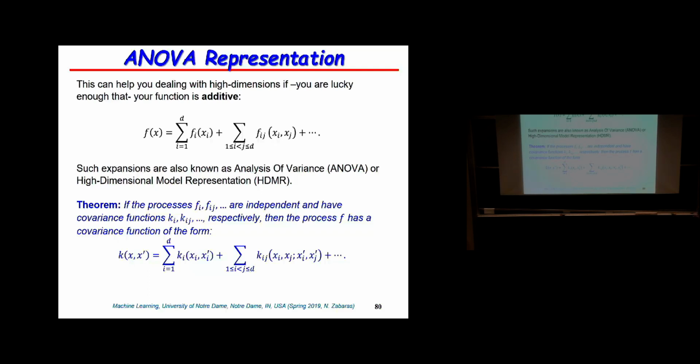If each of these functions comes from a GP with kernels k_i, and this one comes from a kernel k_ij, etc., then the function f of x comes from a kernel that follows the same ANOVA decomposition as the functions.